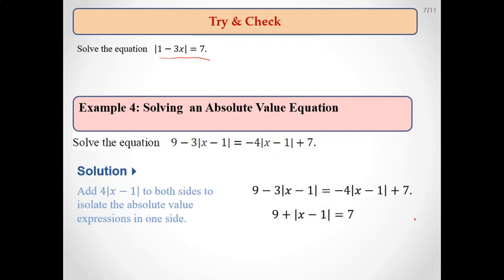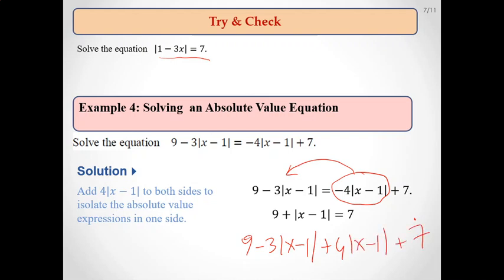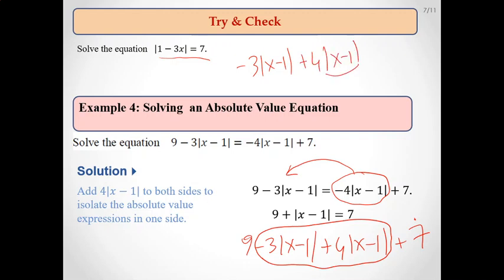Okay, you can send this one to the other side here. What happens when you send it to the other side? You get 9 minus 3|x minus 1| plus 4|x minus 1| plus 7. And then, what is this? This is the common factor.